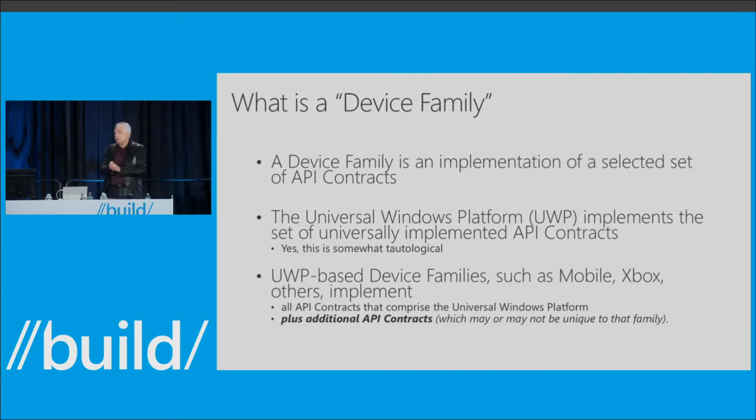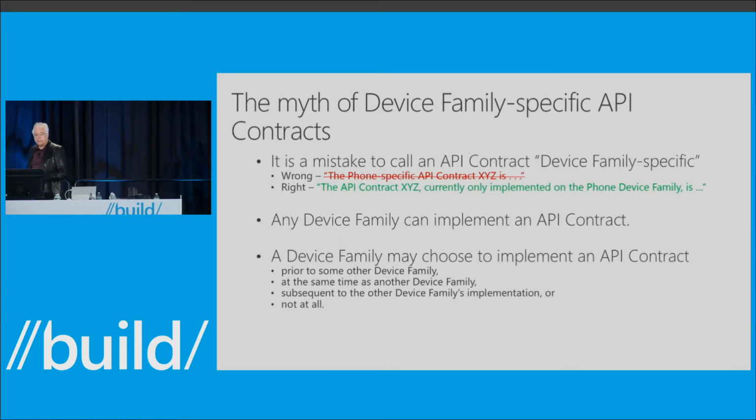I have more slides to talk about that. It is completely incorrect to say or think, oh, the phone-specific API contract XYZ is such and such. There's no such thing, at least conceptually. Pragmatically, I am on shakier ground, but conceptually, the API contract XYZ, currently only implemented on the phone platform, is such and such.